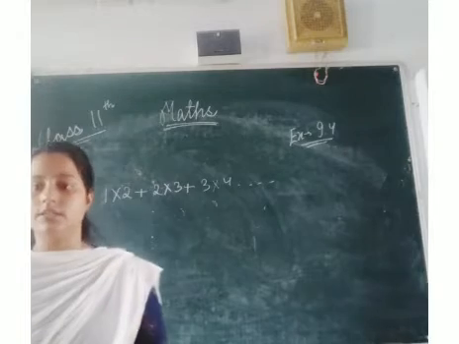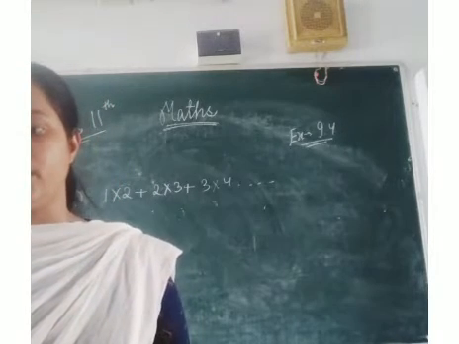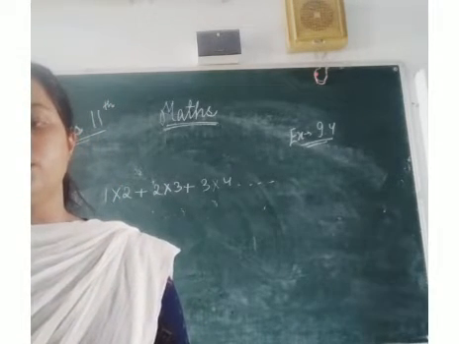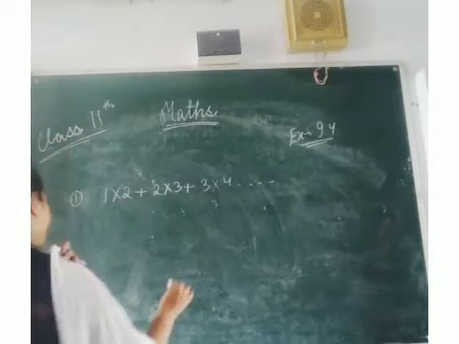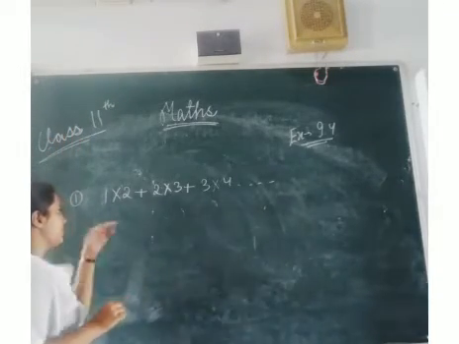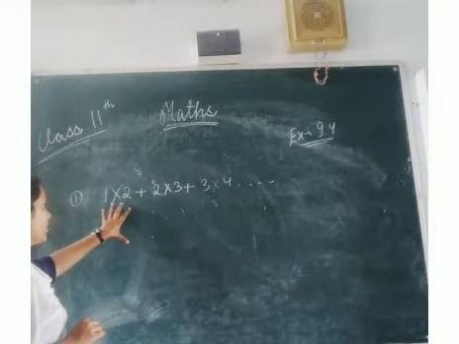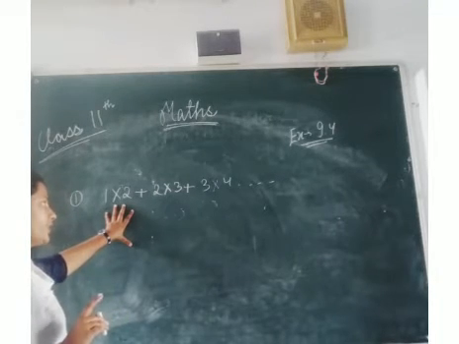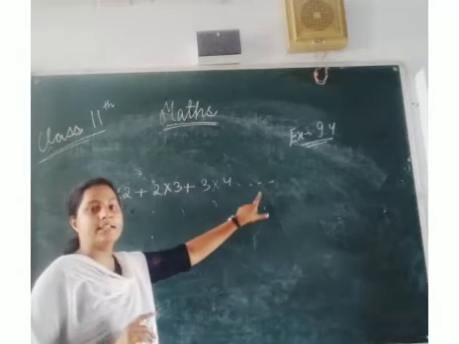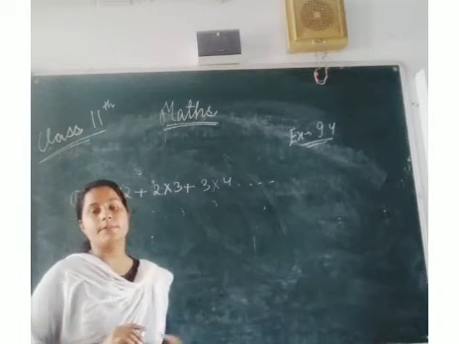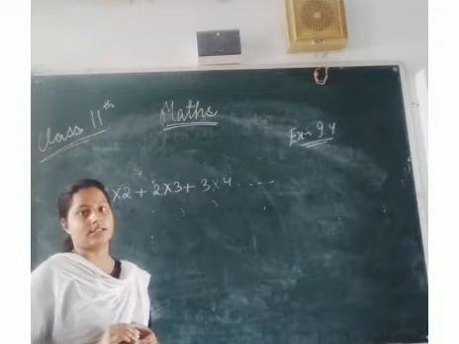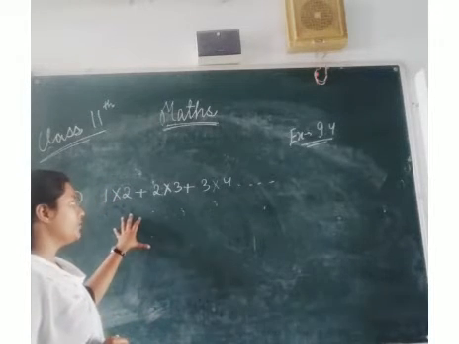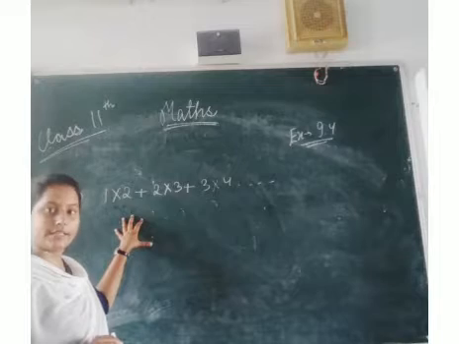The question is to find the sum to n terms of the series. While watching this, the first thing we have to do is find the nth term. Only after we find the nth term can we apply the formula. So the first step after you see this question is to find the nth term.